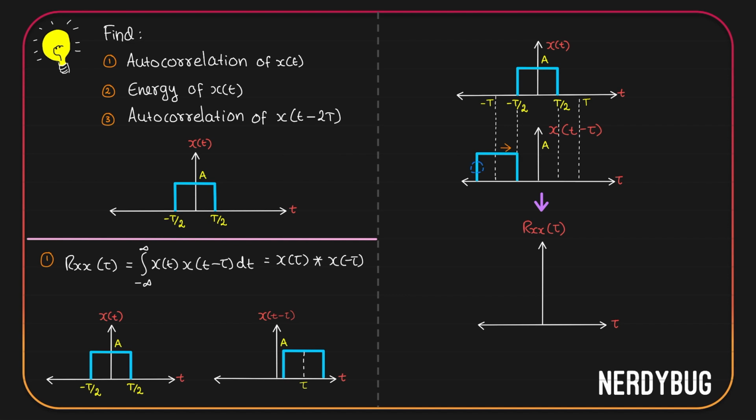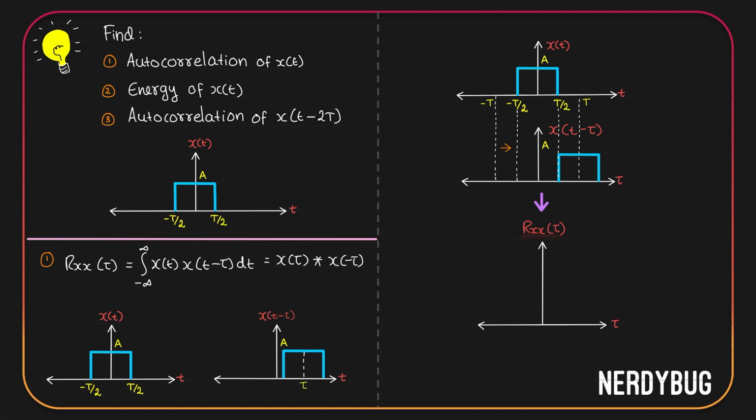If the shifting is between t and 0, we can see some overlapping over here. And as I move it from here to 0, you can see it keeps increasing and the overlapping becomes maximum when this is at 0. Now if I keep moving it towards right, it will decrease and becomes 0 when the shifting has been t units. After which we simply get 0 because there is no overlapping.